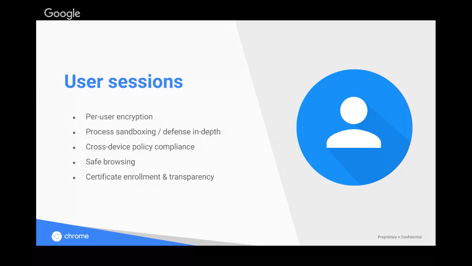Another feature is cross-device policy compliance. And this is important to note because what enterprises and schools generally want is for policies to follow users around. So I'm a user and I log into Chromebook A versus Chromebook B. It's very important from an administration perspective, from a security perspective, that my policies follow me around. And this is something that we have implemented in Chrome OS, so that whether you're logged into one device or the other, it doesn't matter, your policies follow you around.